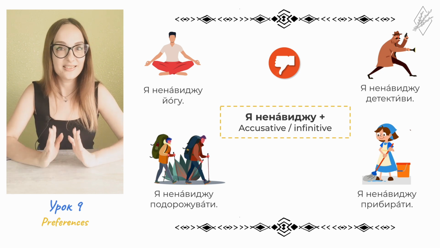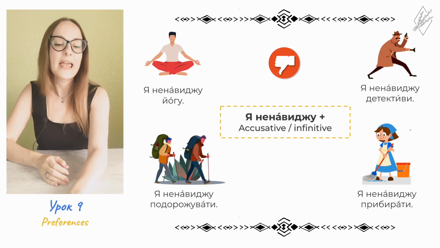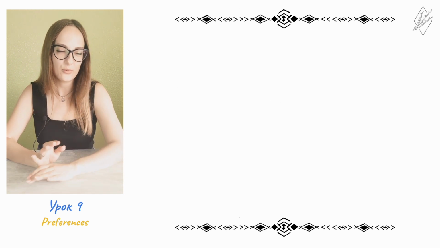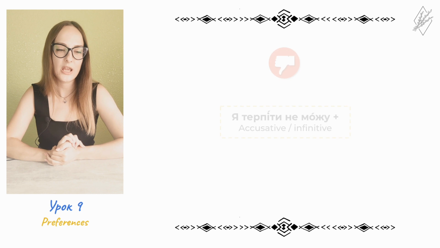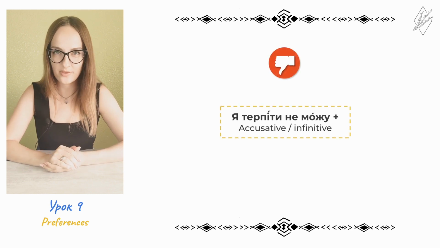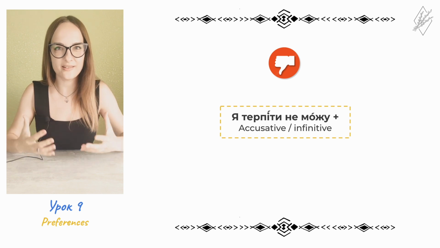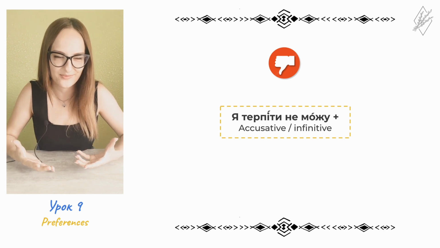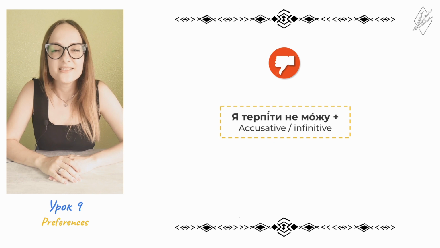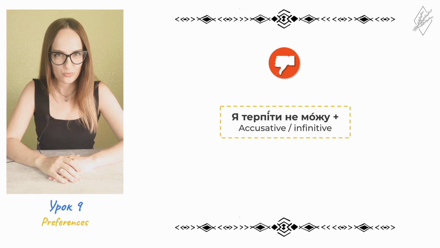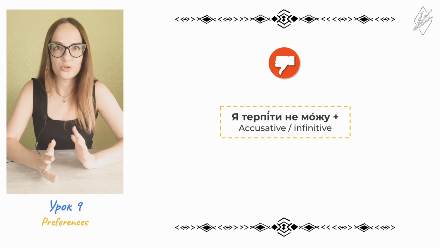So, я ненавиджу. And also, I wanted to show you one more way to say that you hate something. It's more close to the English structure, I cannot stand something. Я терпіти не можу. Or я не можу терпіти.